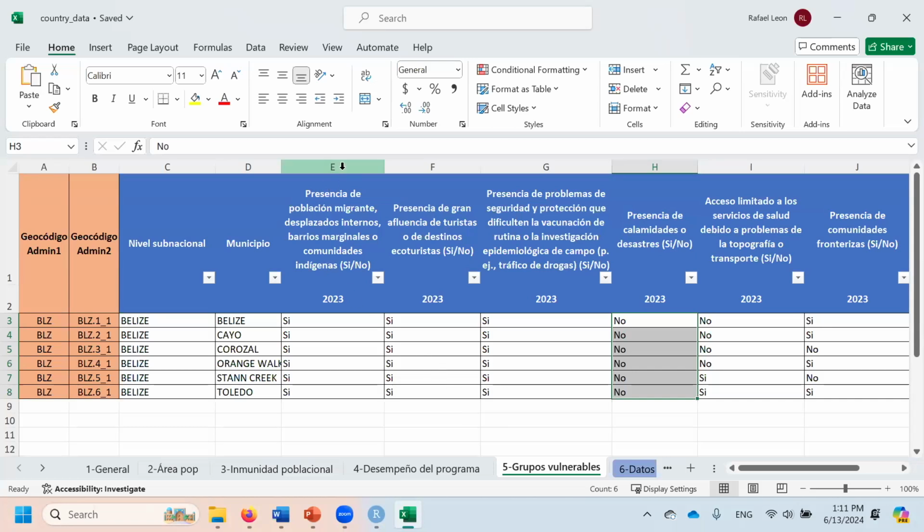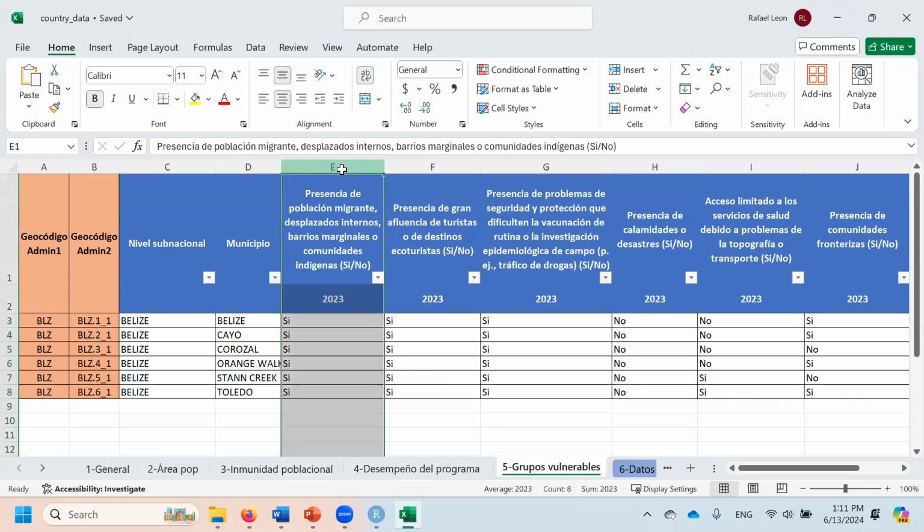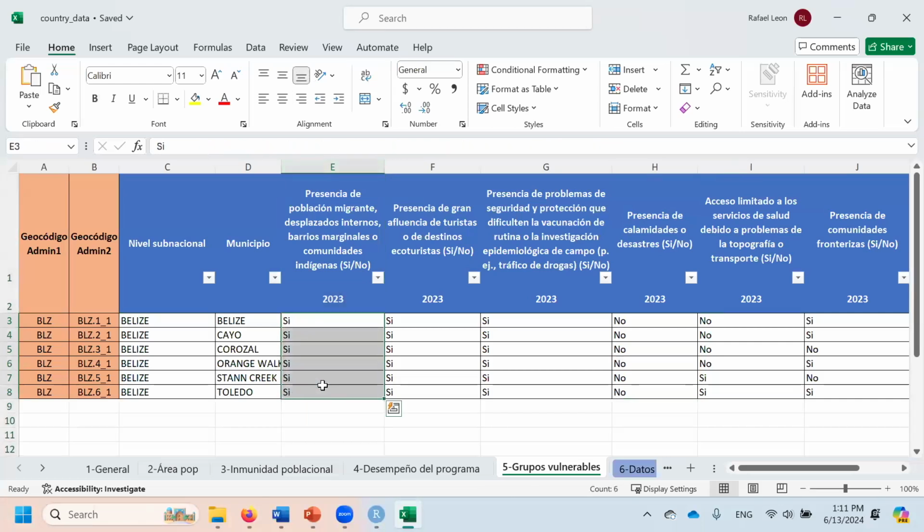For example, here, for presence of migrant population, internally displaced persons, marginalized neighborhoods, or indigenous communities. If the municipality has one of these variables but none of the others, for example, indigenous communities, the answer should be yes.